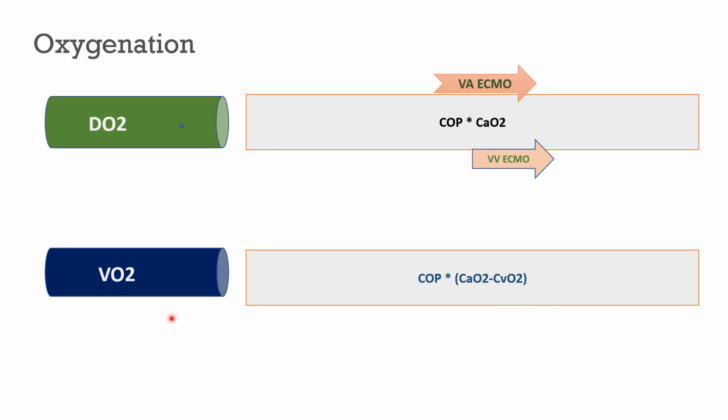The second term is oxygen consumption, the amount of oxygen taken up by the tissue, and it is equal to cardiac output multiplied by the difference between arterial oxygen content and venous oxygen content. The relation for oxygen consumption will be described later on.